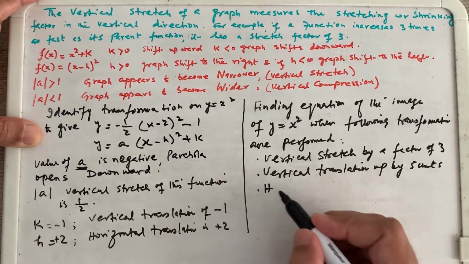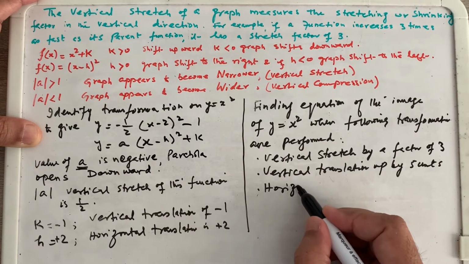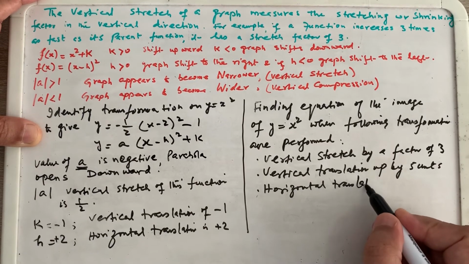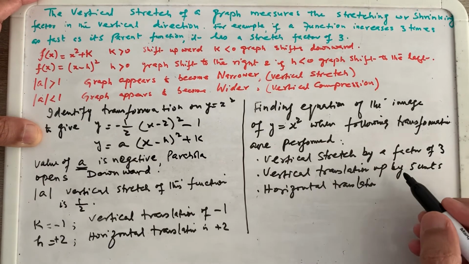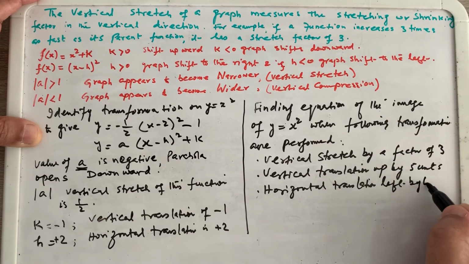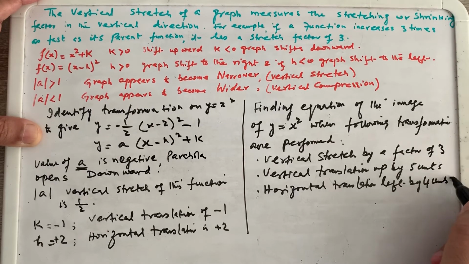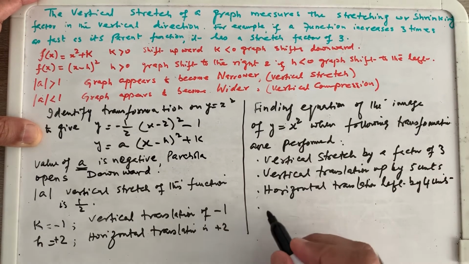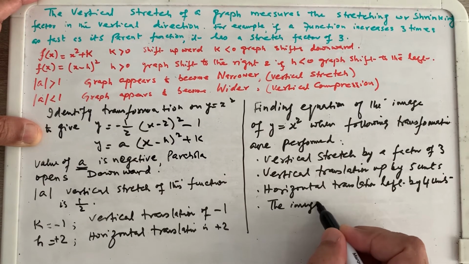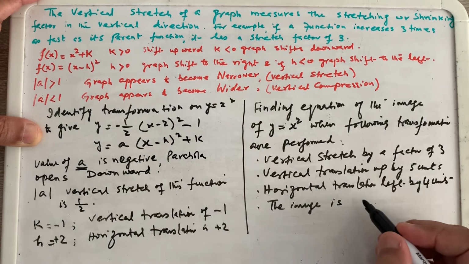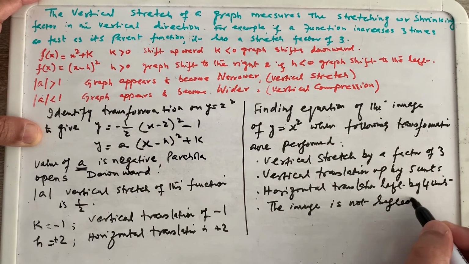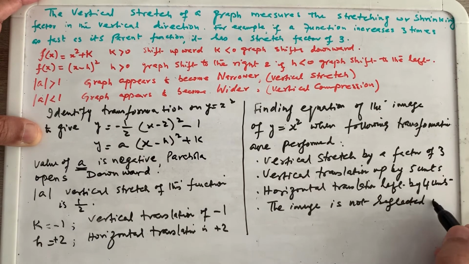Horizontal translation left by 4 units. The image is not reflected in the x-axis.